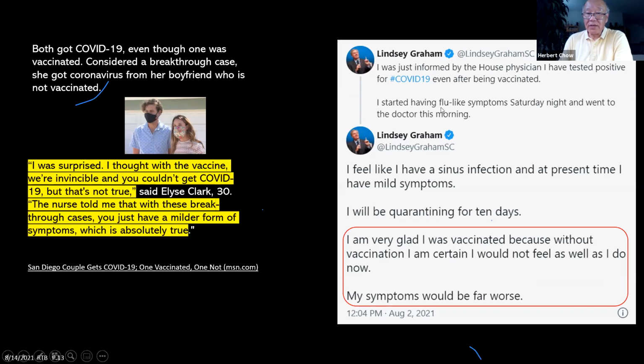Lindsey Graham also had a breakthrough infection, but luckily he said he's doing okay. He feels quite well, and he credits the vaccines for his mild symptoms.